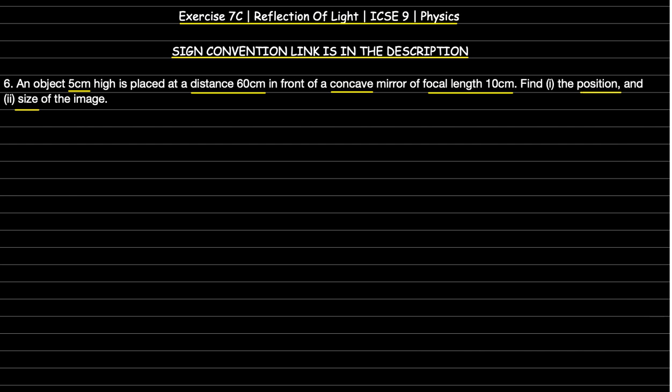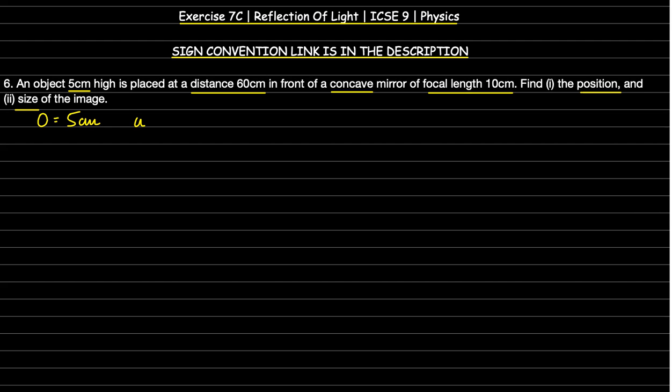So I would be writing the given data. Height of the object is denoted by the letter O, so it is always taken as positive. So it's going to be 5 centimeter. Object distance is given as 60 centimeters.